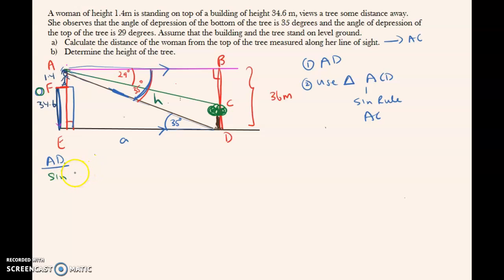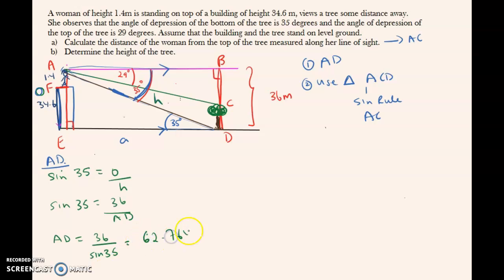So sine of 35 will be opposite over hypotenuse. So sine 35 will be 36 over AD, so AD will be 36 divided by sine 35. That works out to 62.76408464 meters. So that's this distance here, AD.